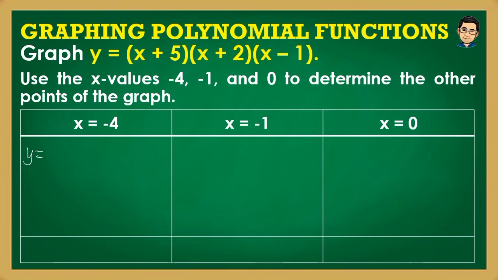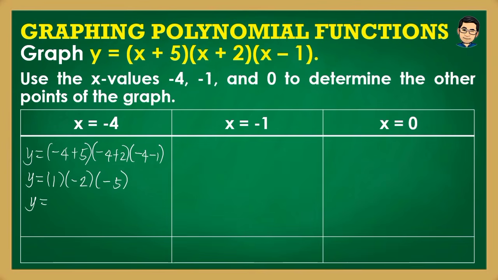Y is equal to negative 4 plus 5 times negative 4 plus 2 times negative 4 minus 1. And then, we perform negative 4 plus 5, that is 1, times negative 4 plus 2, that is negative 2, and then negative 4 minus 1, that is negative 5.